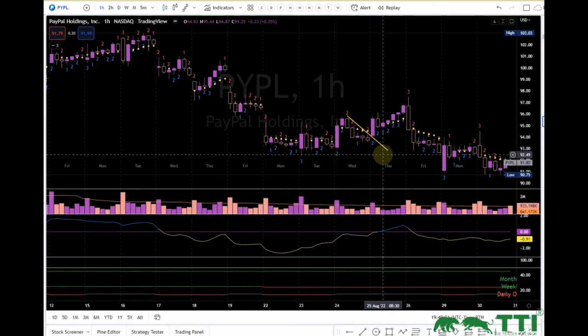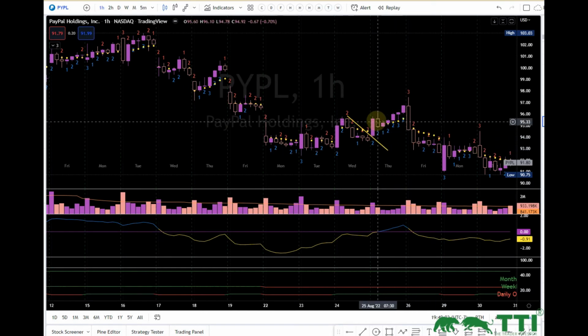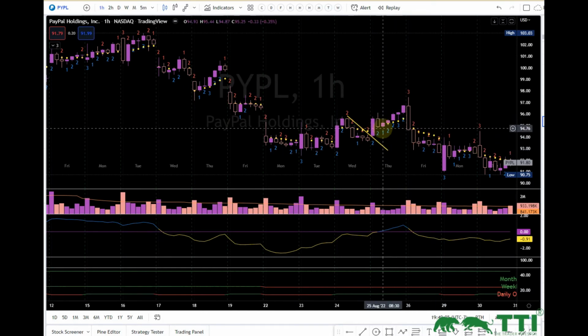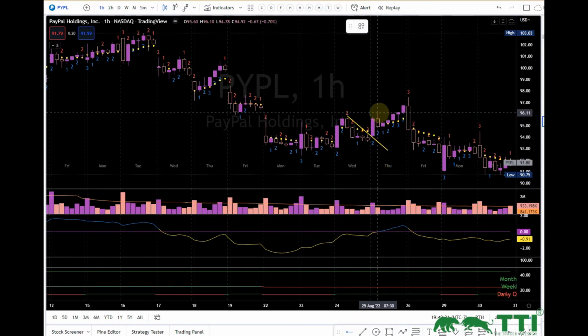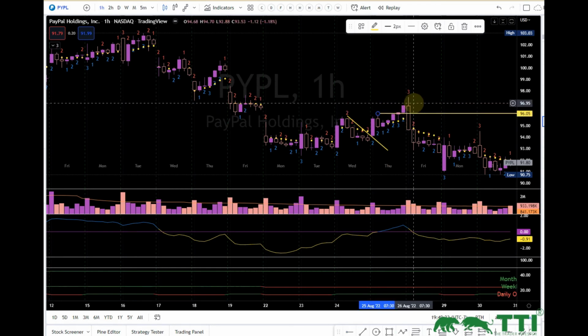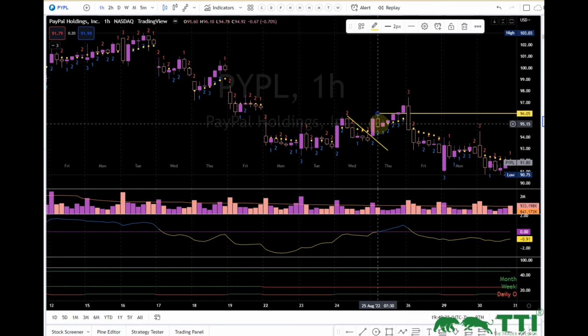I want to see a pullback. So this bar here is already showing me a pullback. Now, it's very subjective for you to say, you know what, this is too far of a distance, it's not enough of a pullback, I'm not taking it. But if you say, look, this bar has shown me a pullback, as soon as this bar high breaks, I can take the trade, because you've seen that pullback.